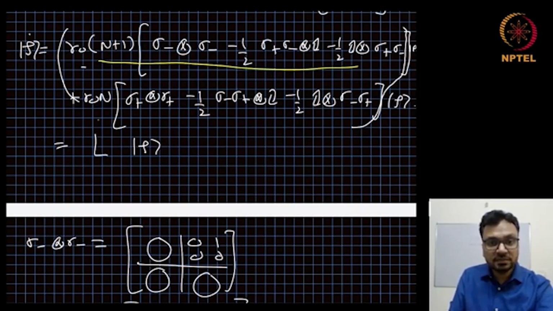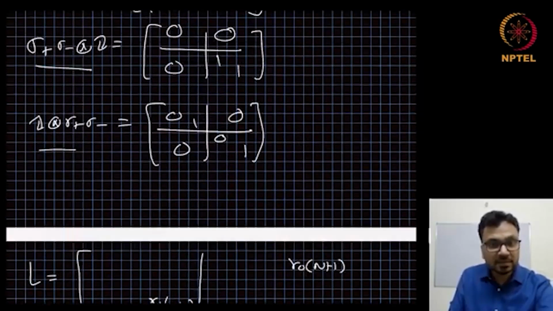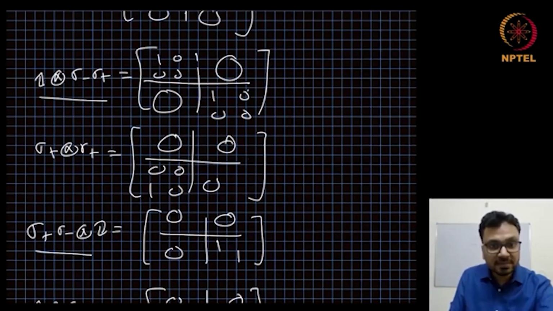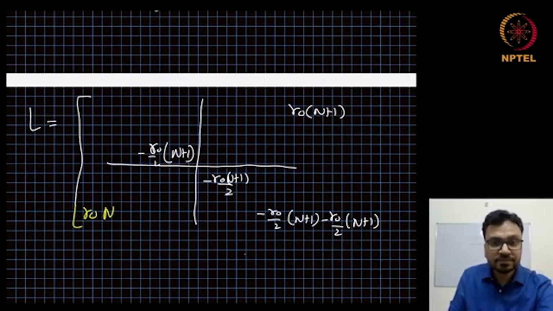The second will give us the following term. It is sigma plus tensor sigma plus, so the element is here, and that will be gamma naught times n.